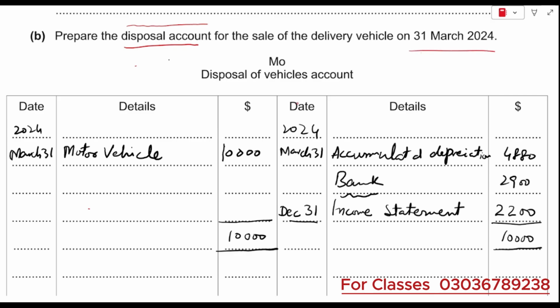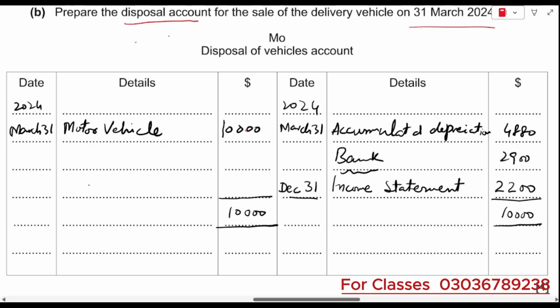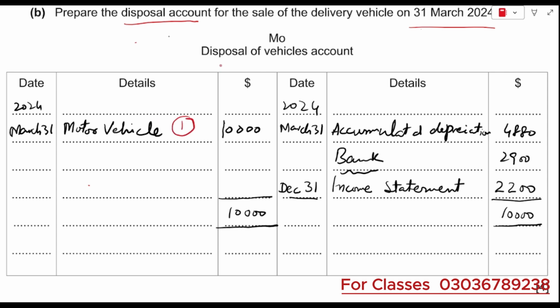Now students, this disposal account is very easy, but students lose their marks because they do not remember which entry will appear on which side. I will tell you that the first entry will be on the debit side. This first entry means disposal of vehicle will be debited against the motor vehicle account.